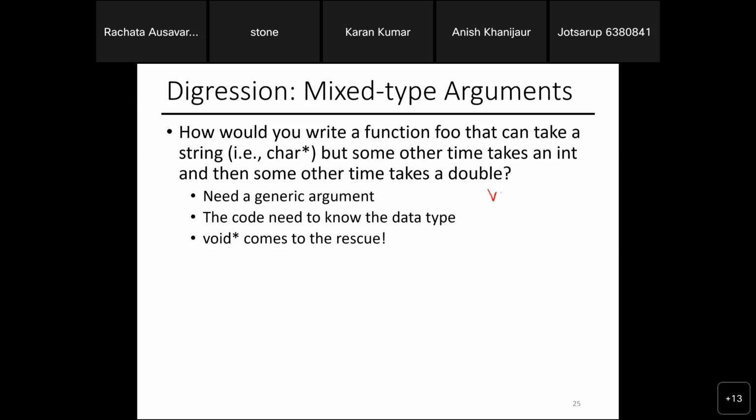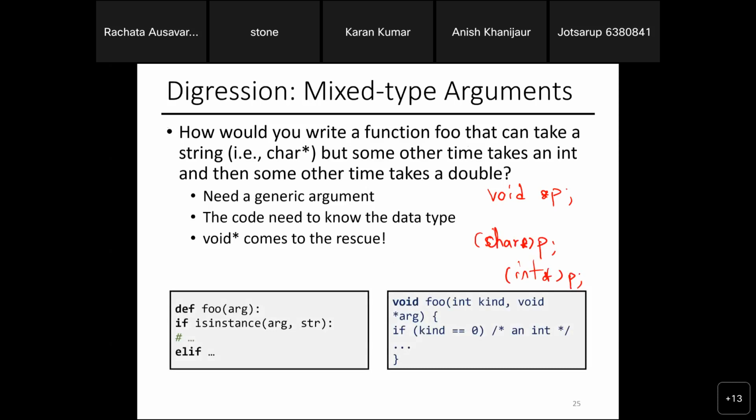Let's say I have void star P. I declare that P is a pointer, but I don't know the type. It's a generic data type. Then I cast it later. I can then do int star P as well, if I want to treat P as an integer. All right, that's how C allows generic data types.